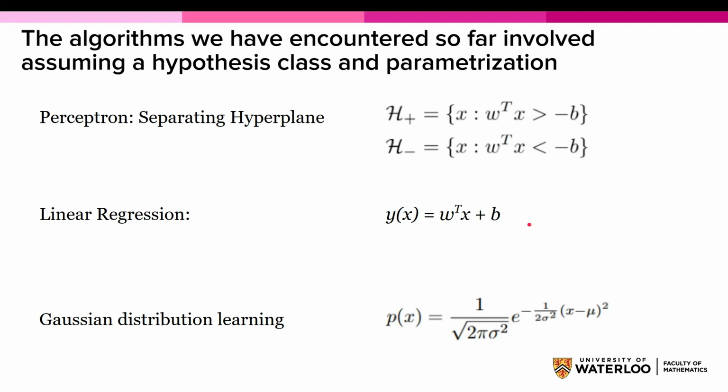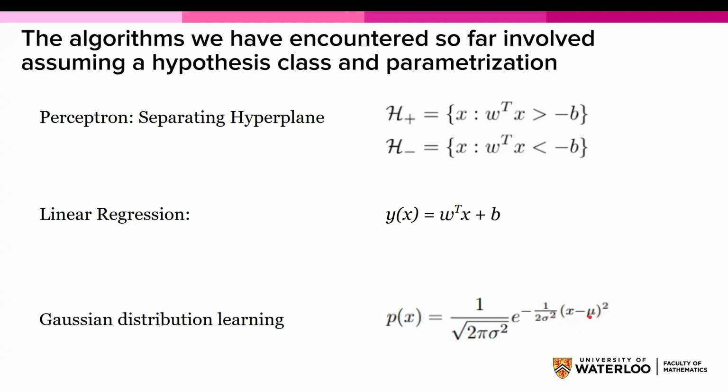In the case of linear regression, the model assumes a linear relationship between the input X and the output Y, parameterized by the weights W and bias B. And finally, when we last encountered distribution learning, we assumed that data followed a normal distribution with parameters mean and variance sigma squared.